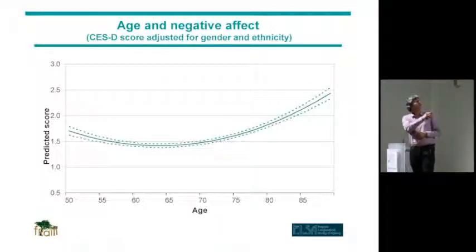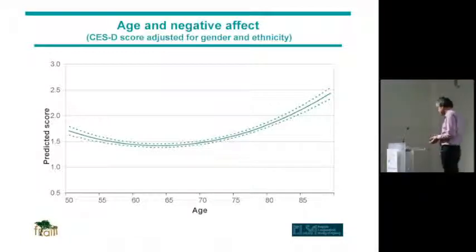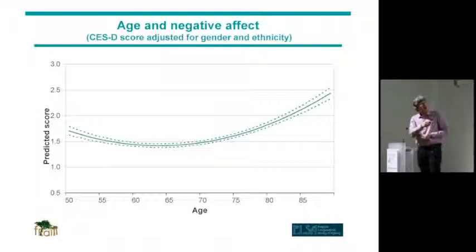So well-being improves as you move into your 60s, and then decreases as you move into your 80s. So what is it about moving into your 60s that improves your well-being, and what is it about moving into your 80s that decreases your well-being, and how is that patterned by social inequality?